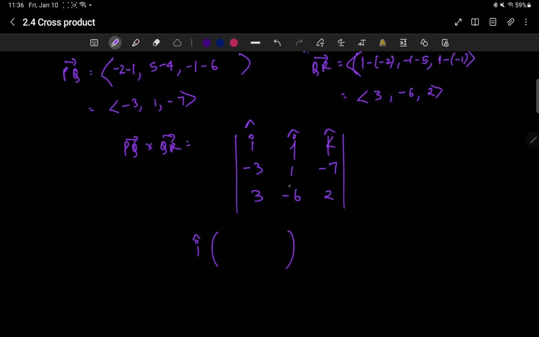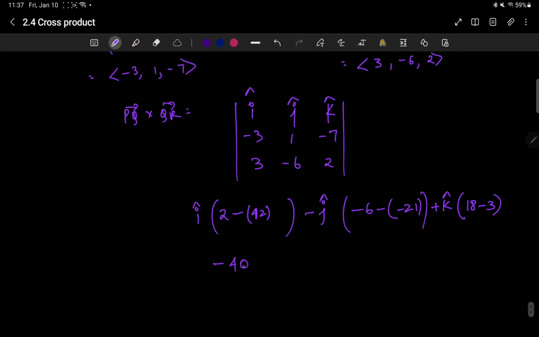So I, and then it's going to be 2 minus 42, minus J, negative 6 minus negative 21, plus K, 18 minus 3.